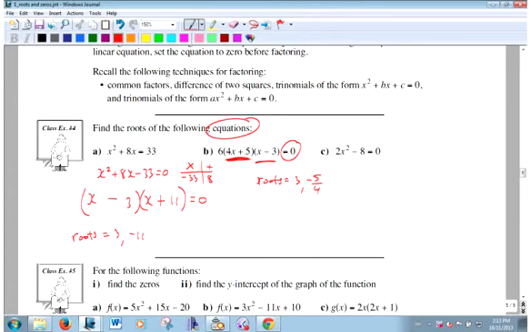Okay, and again, if you don't see that, you let this thing be 0. Okay, 4x is minus 5, divide by 4. This thing is 0 when x is minus 5/4. If this is minus 5/4, this is 0. I don't care about anything else. 0 times anything is equal to 0. Okay, it works. Only 2 choices there.